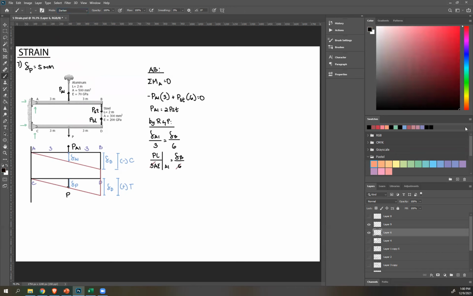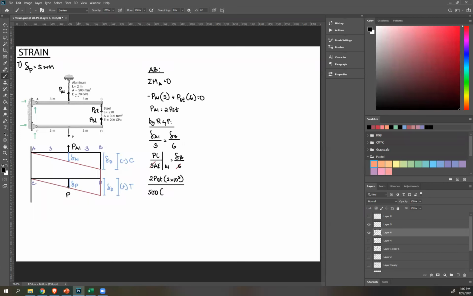3, 6. You'll have PAL, which is 2 PST. 2 PST times length of aluminum, 2 meters. So 2 meters, I want that in millimeters, so times 10 raised to 3 to convert to millimeters, over cross-sectional area 500 millimeters squared.